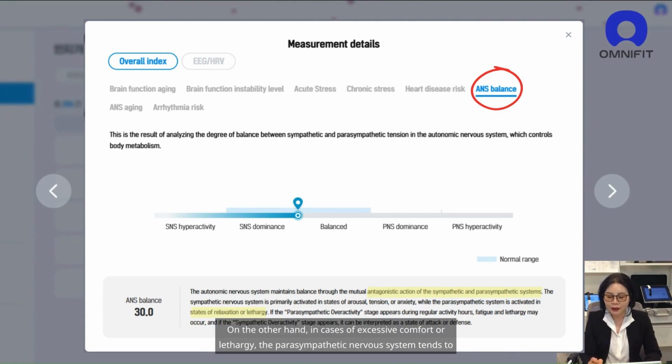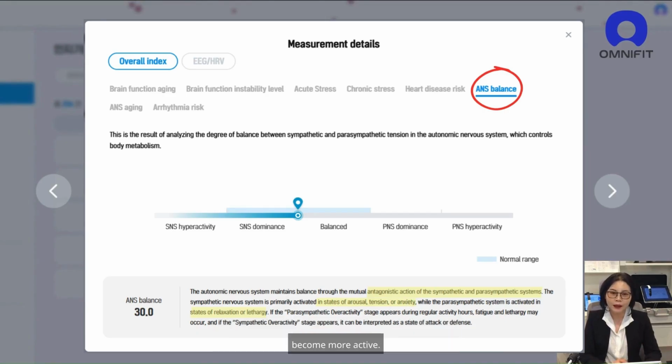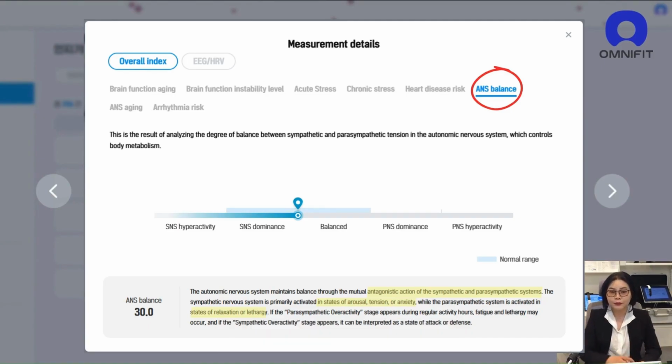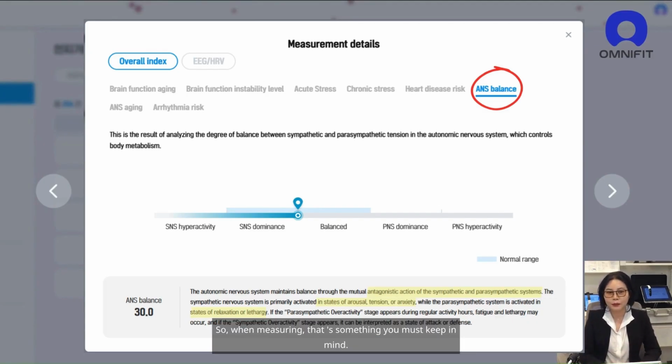On the other hand, in cases of excessive comfort or lethargy, the parasympathetic nervous system tends to become more active. But unlike brain waves, the autonomic nervous system reflects real-life situations very quickly. It can also be affected by deep breathing like this. So, when measuring, that's something you must keep in mind.